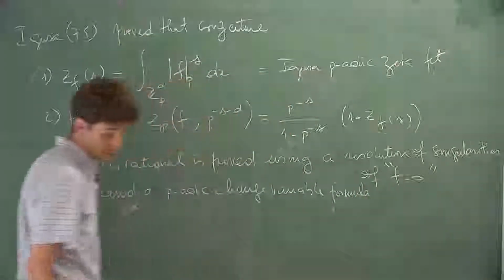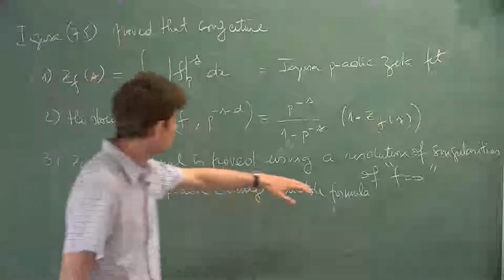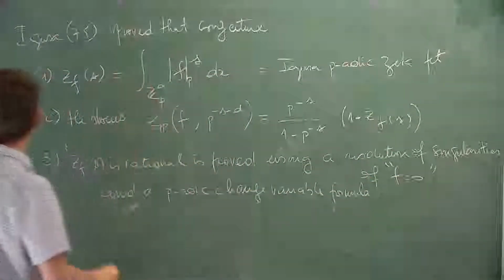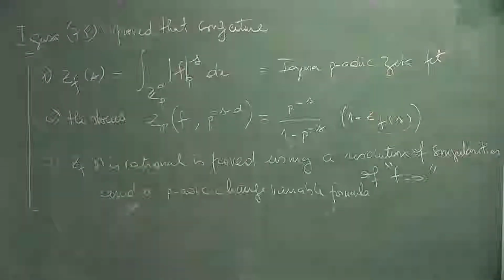So in some sense, the idea is to say if I'm able to prove the conjecture where f is a monomial, then I can do the job for anything using a resolution of singularities. So this is the plan of the proof of Igusa, and in the next talk we will do the proof slowly.